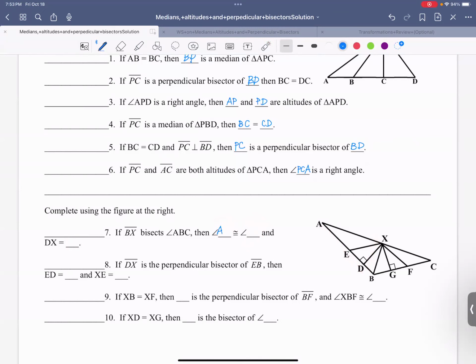Very good. When you have these two angles equal, you can also know that DX is congruent to who? DX is congruent to GX. Yes. By what?